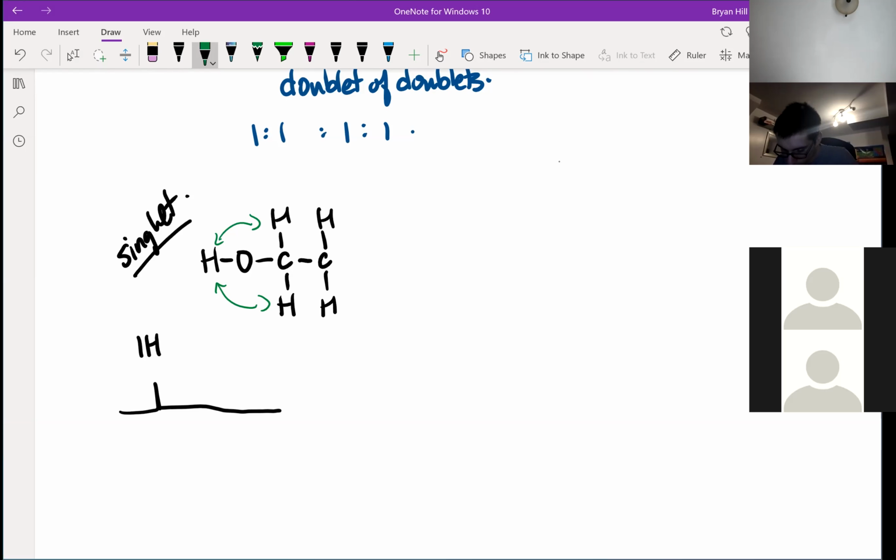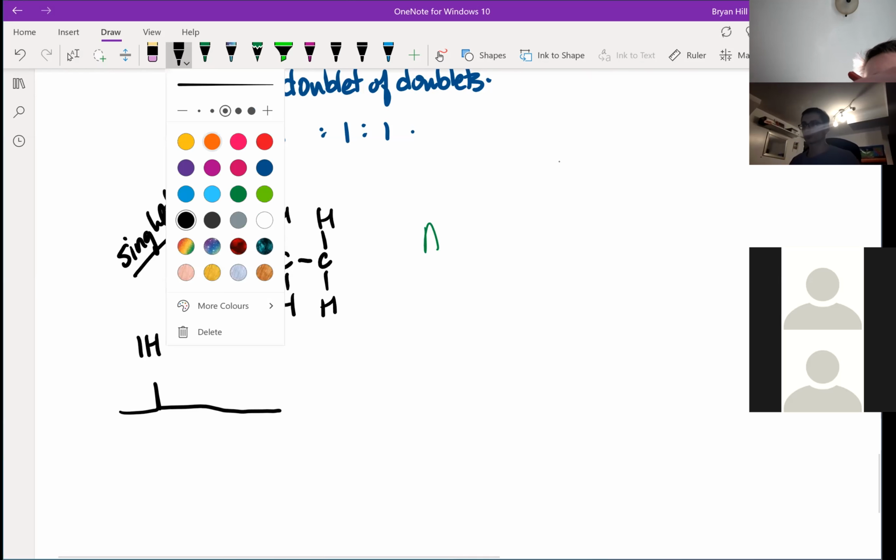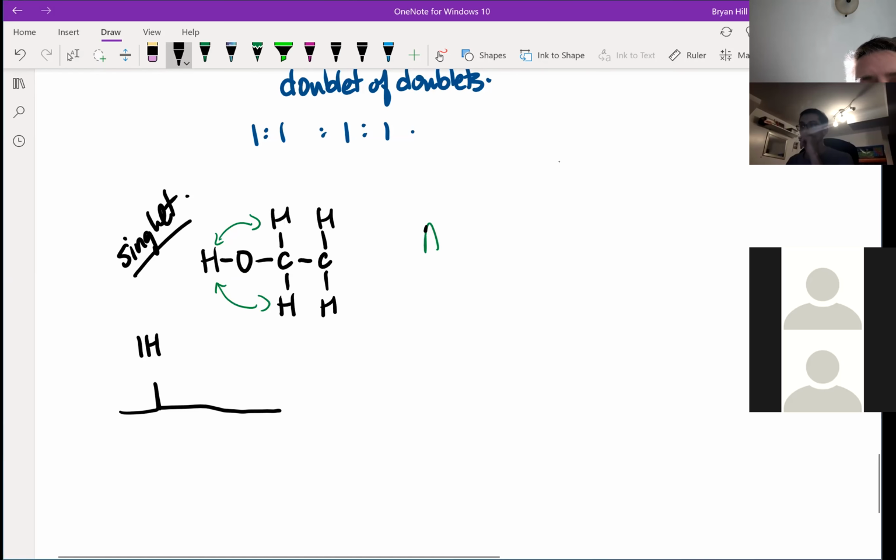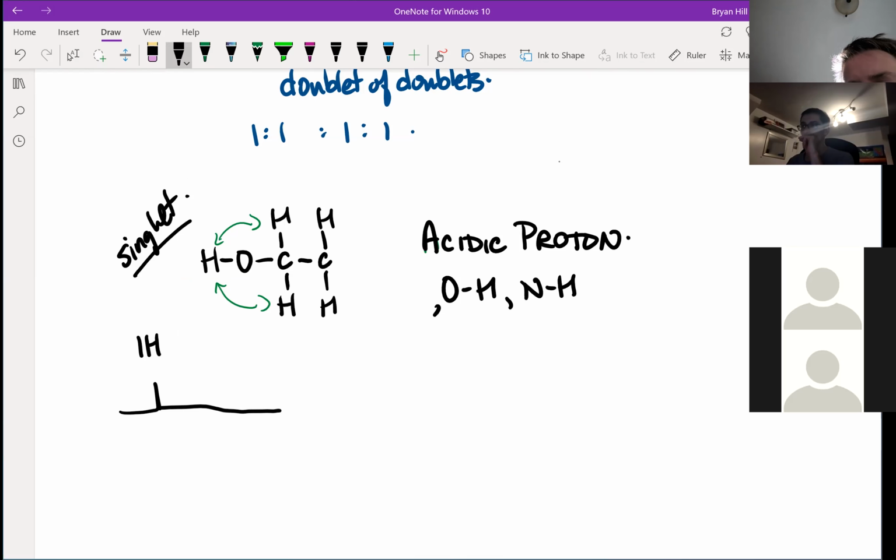So we should probably call these acidic protons. So protons that are bonded to oxygen, nitrogen, and to a lesser extent, sulfur, if you've got those. The most common, of course, will be the OH protons.